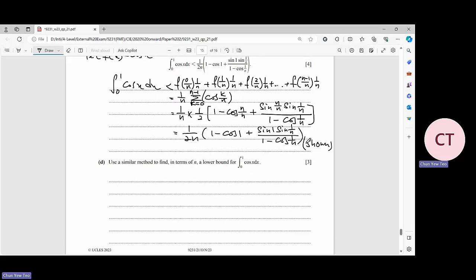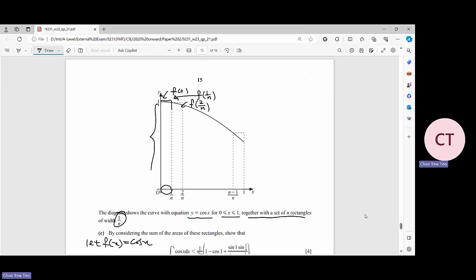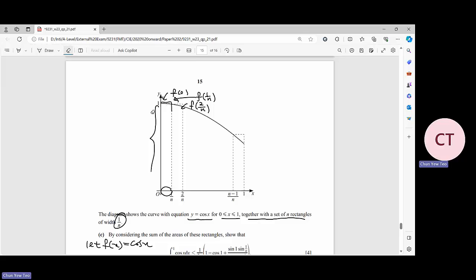Definitely you need to use the result in part B. If you don't know how to use it, then you cannot get the answer. Then use a similar method to find the lower bound. So for the lower bound, that means integrating this, and this time the sum will be smaller, so you need to choose the rectangle with the shorter height.